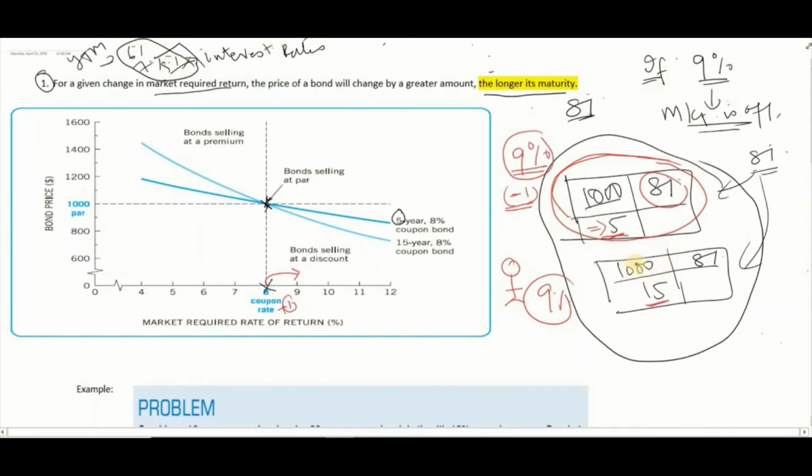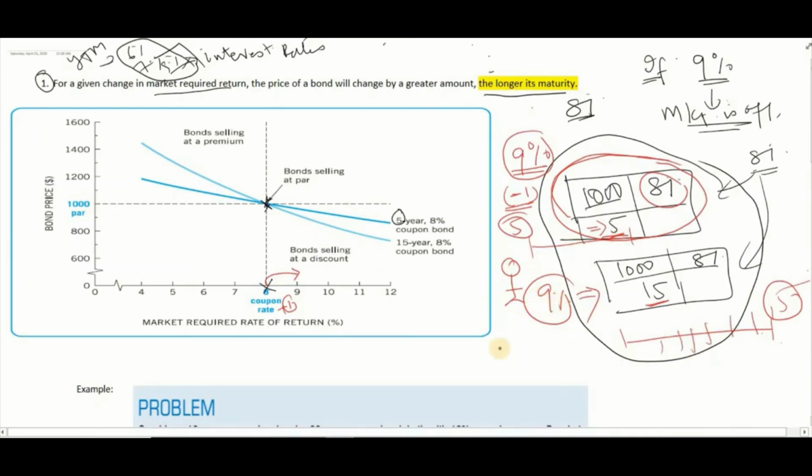Of course you will say that, hey, if I invest in this bond, I will be losing 1%, 1%, 1% for 15 years, right? And if you say here, the pain process will be for 5 years, right? So when the pain process increases, you are willing to pay less, right?